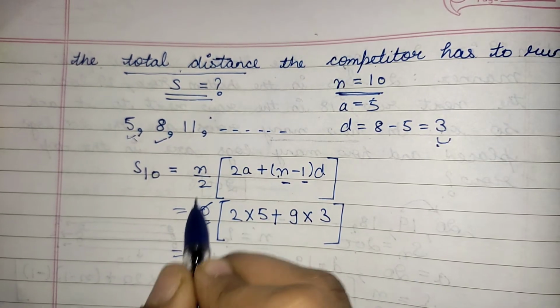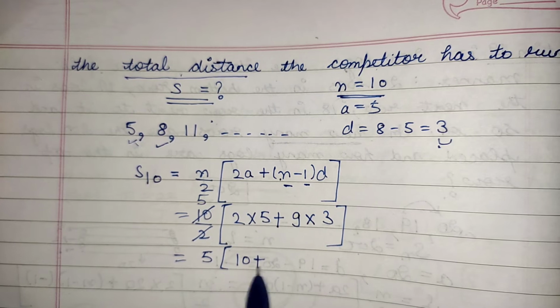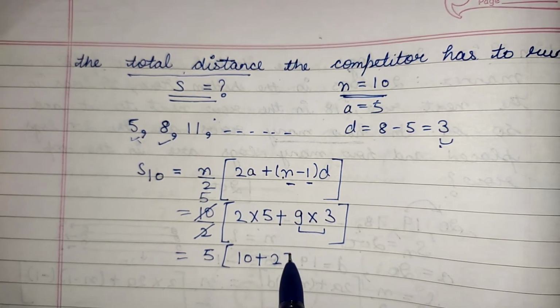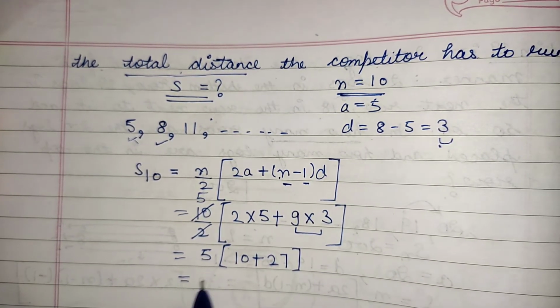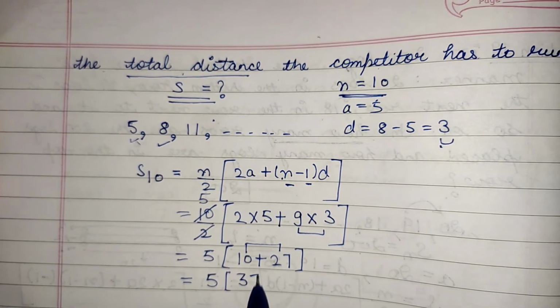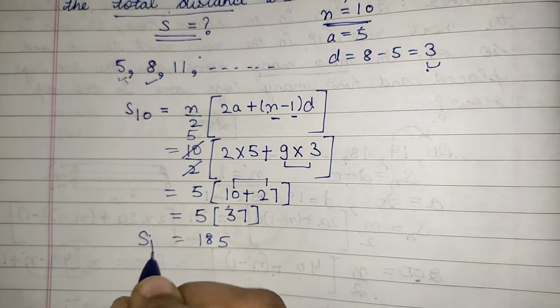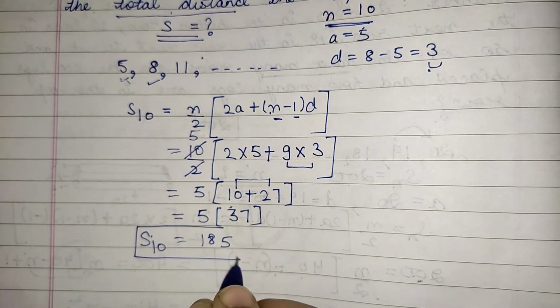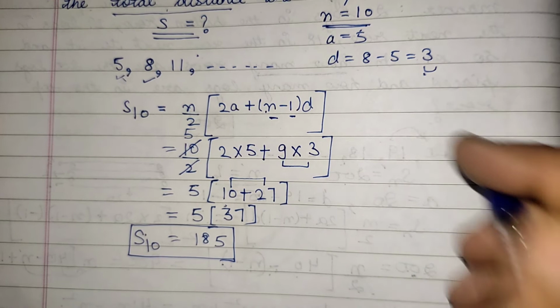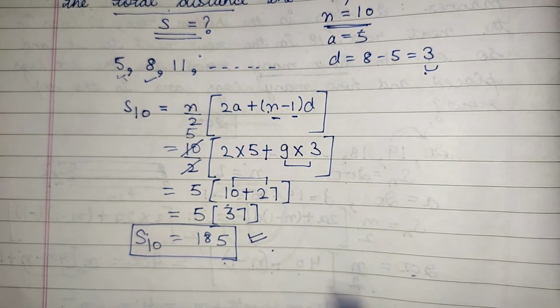So 2 5s are 10, then 5 into 10 plus 9 3s are 27. So my answer will be 5 into 10 plus 27, which is 5 into 37, which is equal to 185. So my total distance in one direction covered by the runner is equal to 185.